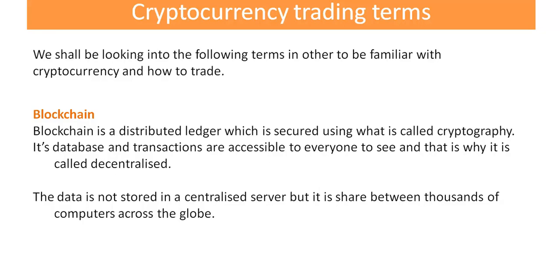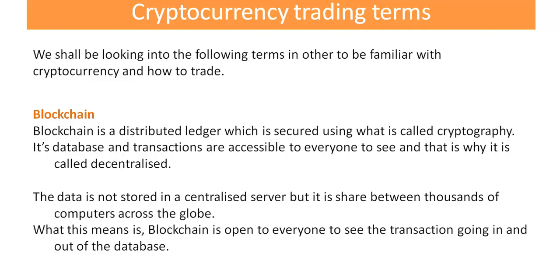Now, what this means is blockchain is open to everyone to see the transactions going in and out of the database. So this is why blockchain is very important, and the usefulness of it in our day-to-day transactions.